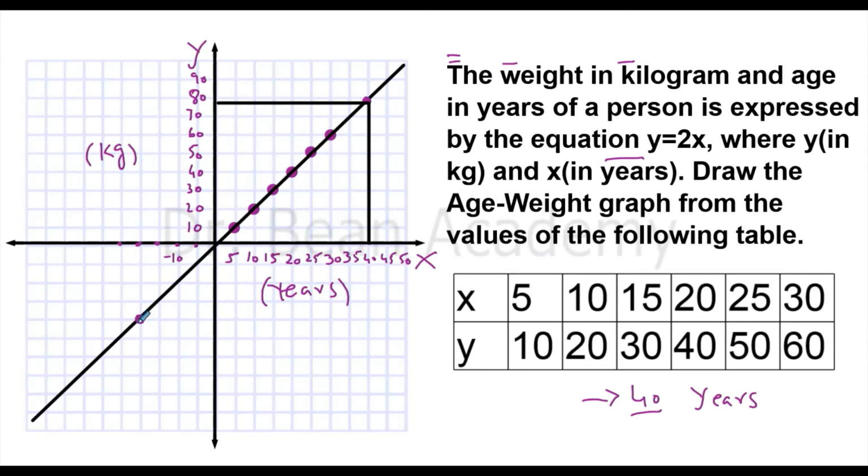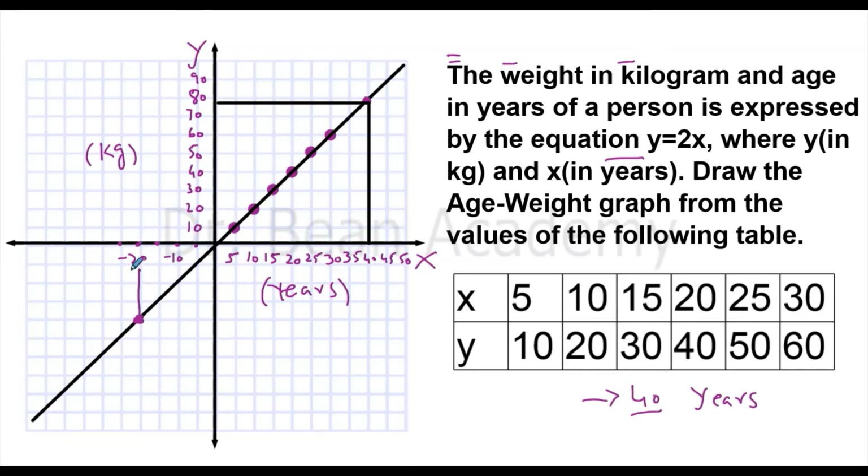Because this straight line predicts everything, the graph of the equation. So I say, okay, you have extended the line the other way, so just pick any point on the line, and what does it say? It tells me that at the age of -20, this is how the graph should look.